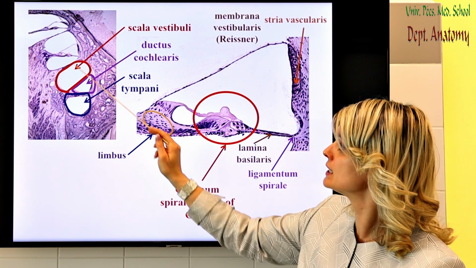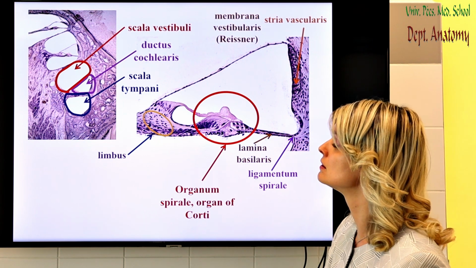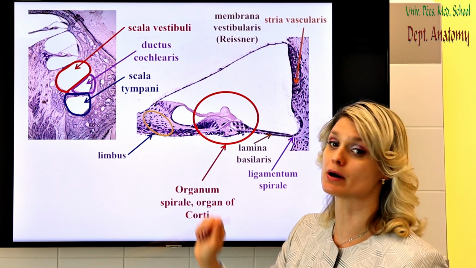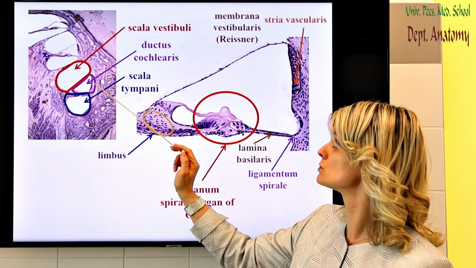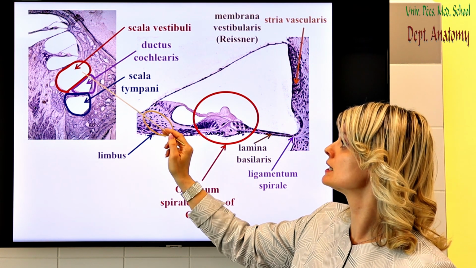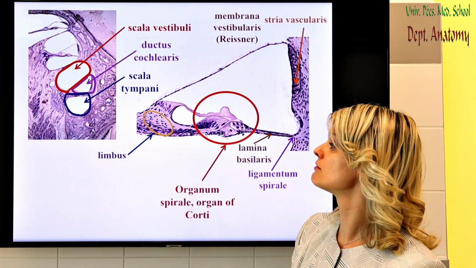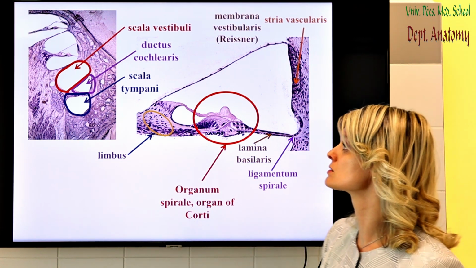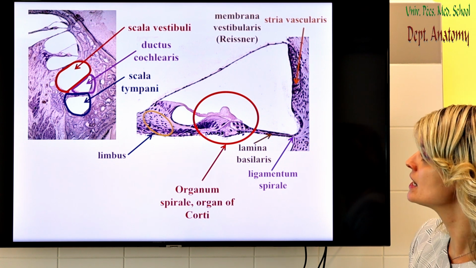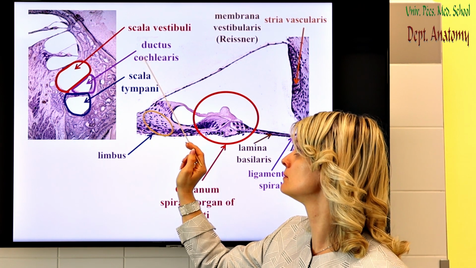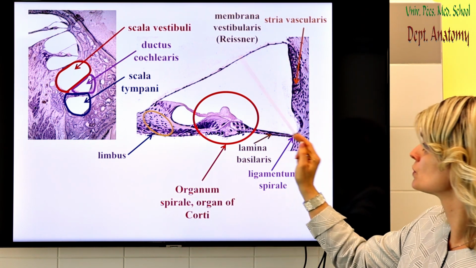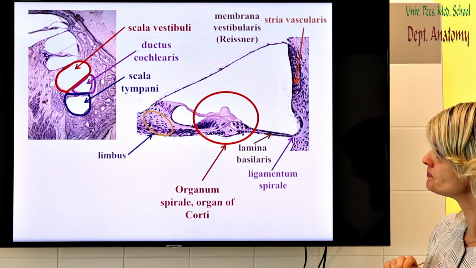And we can divide the spiral canal into 3 main parts. In the middle, the scala media formed by the cochlear duct, ductus cochlearis. The upper part is the scala vestibuli, and the lower part is called the scala tympani. And here, if you magnify this blue or purple part, this is what we can see in the slide.